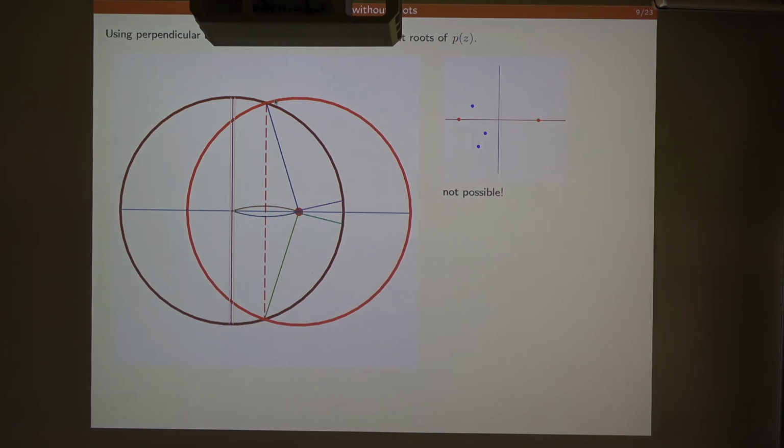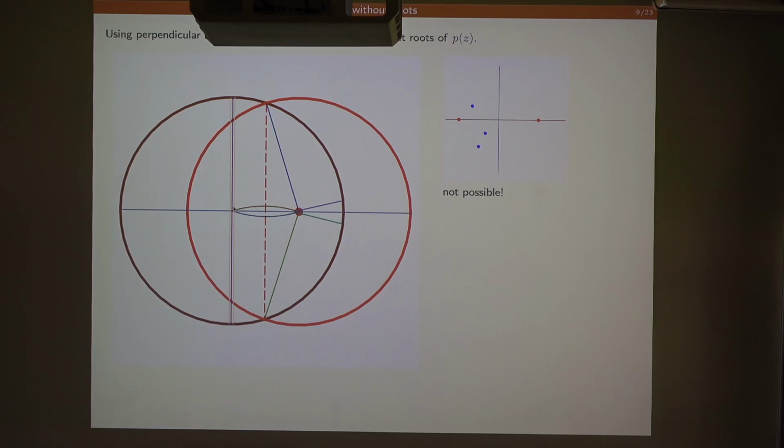And you need to consider the line segment here and the line segment here, which are orthogonal as these two segments here. And you deduce that there are no roots in these sectors. Okay?